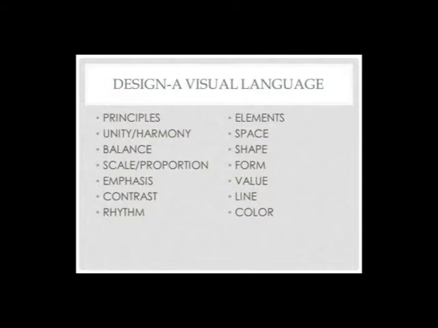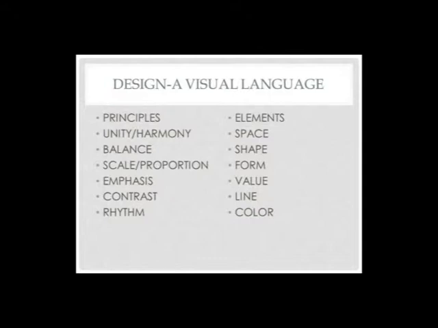We have contrast, which can be made with colors and sizes. Rhythm, which can include random rhythm, gradated rhythm, graduated rhythm, or regular rhythm, which is pattern, which we will most often see. The elements can include space, so that can be open or cluttered, shape, which could be organic, mechanical, form, which can be like a 3D form or a 2D.